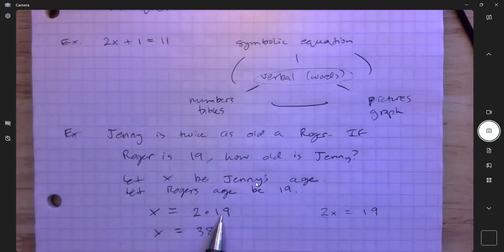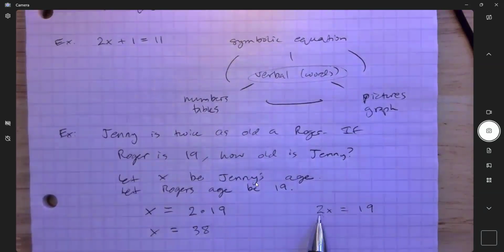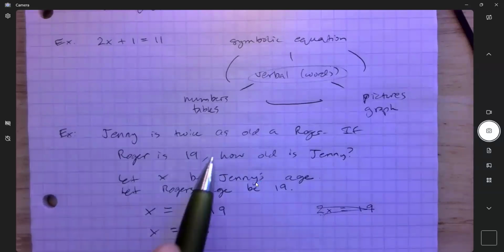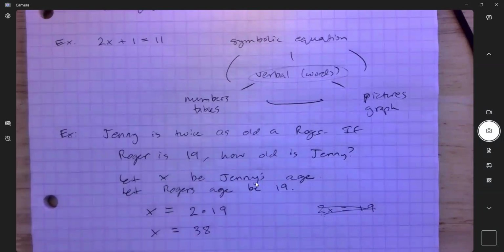Reading the sentence back to yourself, X equals 2 times 19. Jenny's age is 2 times Roger's age. That sentence makes sense. The one on the right would say 2 times Jenny's age is Roger's age. But that would tell me that Jenny's younger, so that one doesn't work. So this is a very basic example.